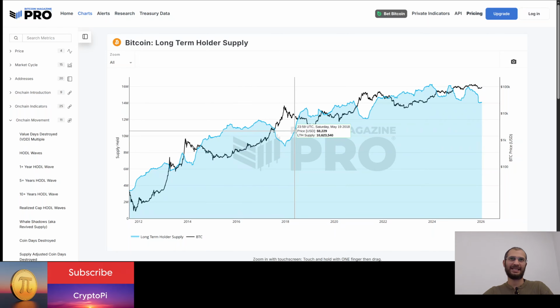However, we can say that the accumulation starts happening already when price starts to go down. But whenever there is an accumulation period, you would see that the supply held by long-term holders starts increasing pretty drastically, and their distribution phase begins when Bitcoin starts rallying.